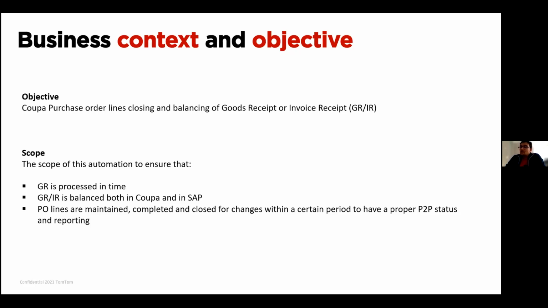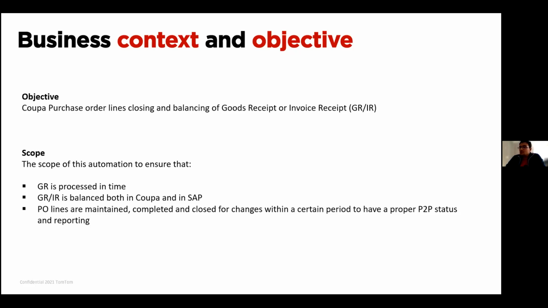The scope of this automation is to ensure that the good receipt is processed in time, that good receipts and invoice receipts are balanced both in COUPA and in SAP, and that PO lines are maintained, completed, and closed for changes within a certain period of time. If we keep a purchase order open for a long time, it would be difficult for a team to track it, and also a person can make changes over that period.